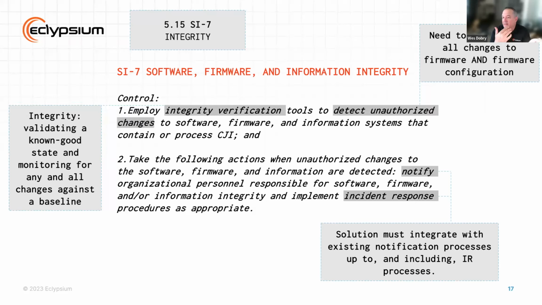So again, if some tool that you're using to monitor firmware goes and validates and says, hey, this firmware is not what we expect it to be, you need to understand what that process is. Do we collect a device? What do we do once we've collected the device? How do we understand what the blast radius of that specific incident is? And then, of course, also making sure that we do all the reasonable research for how it may have occurred.